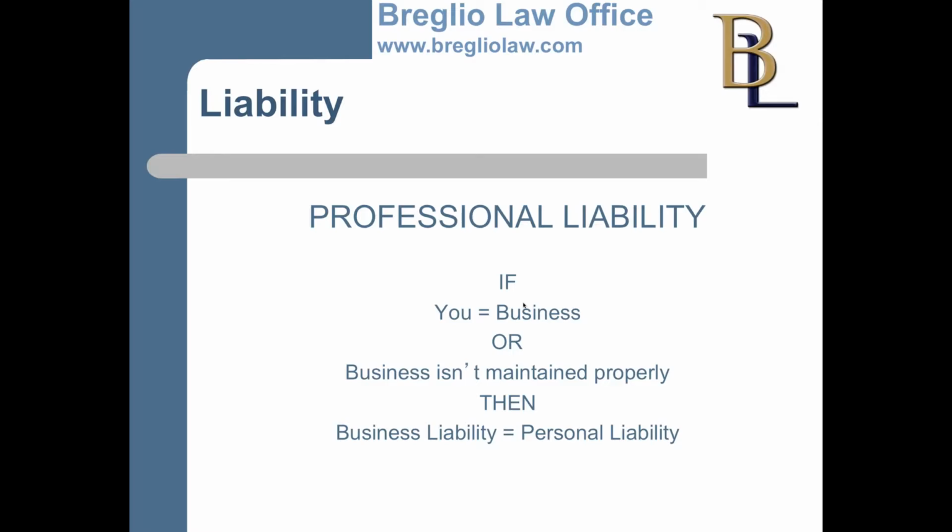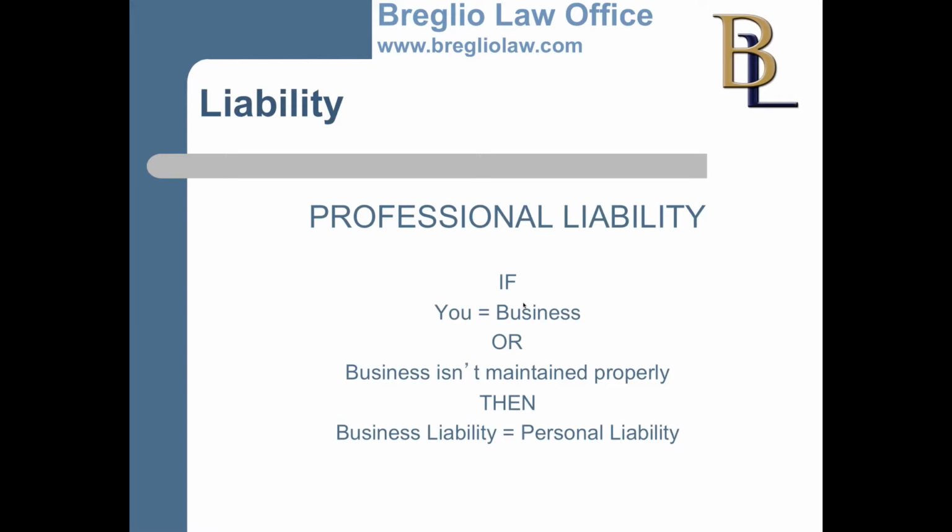So you may be a landlord of rental properties and it looks like a business. I mean, landlording is a business. You make money from it, you have costs and expenses with it. But just because it looks like a business, if you don't set up the proper entity, then you are your business, and anything that happens within that business of landlording is actually going to attach to you personally, and it's going to be personal liability.